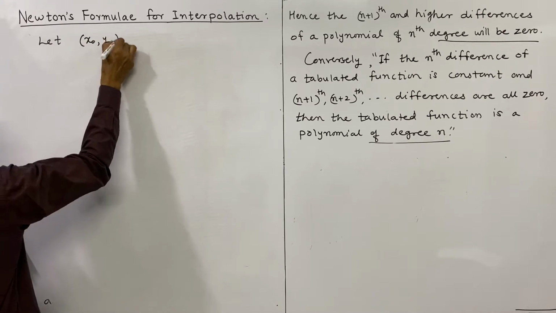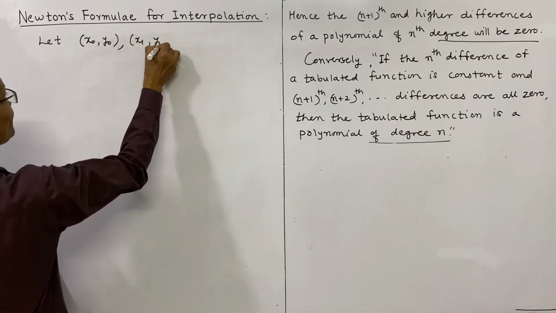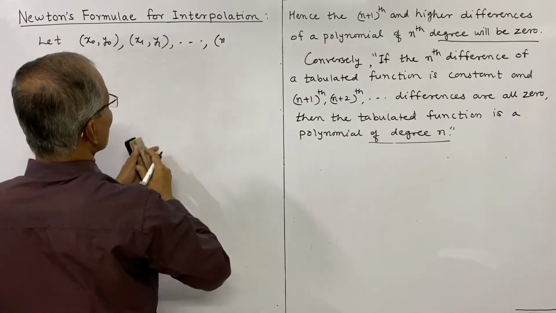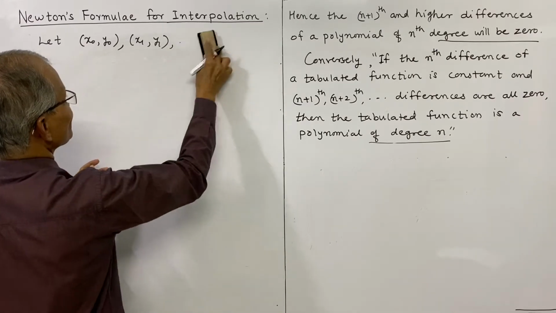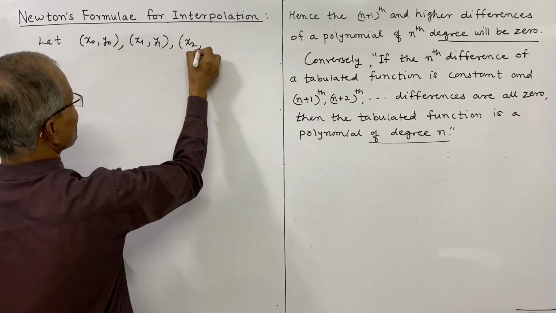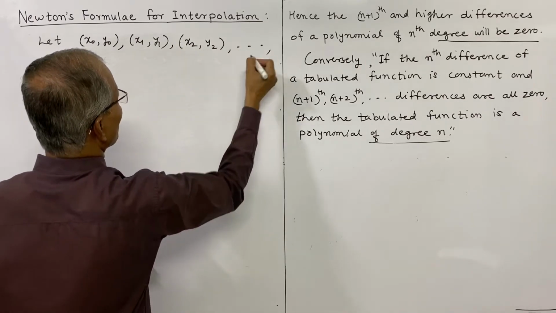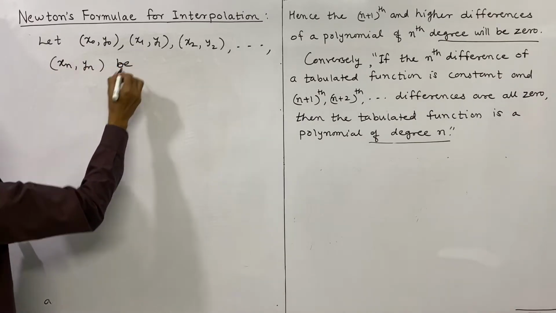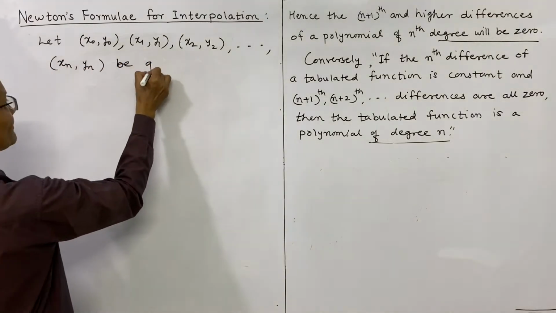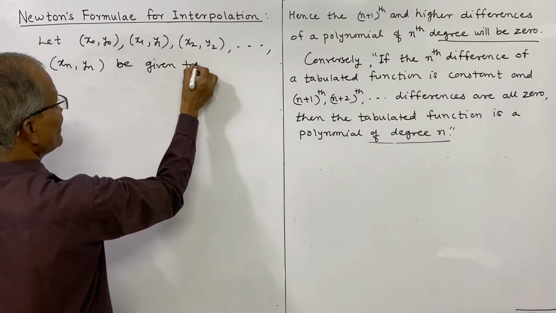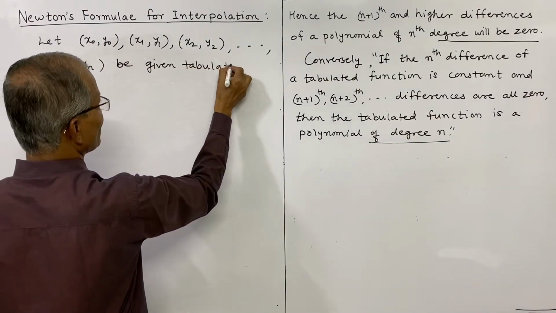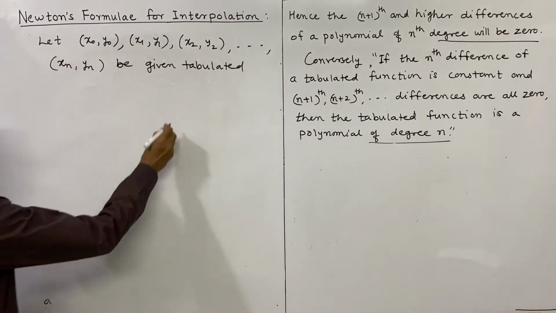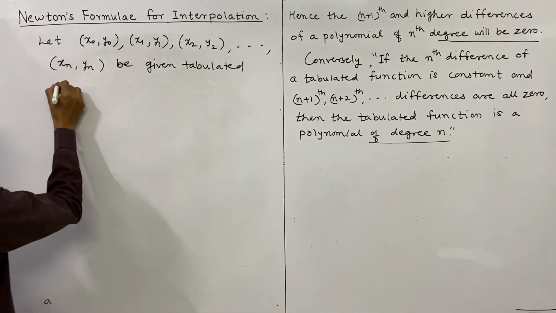Let x naught, y naught, x1, y1, x2, y2 and so on up to xn, yn be given tabulated values, or given data in a table, meaning the x column and the corresponding y column.